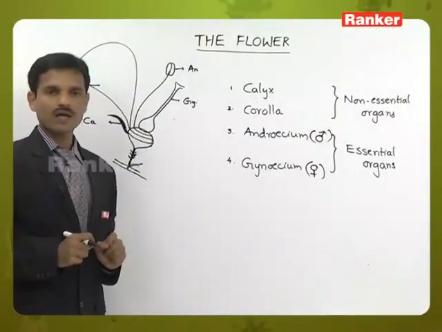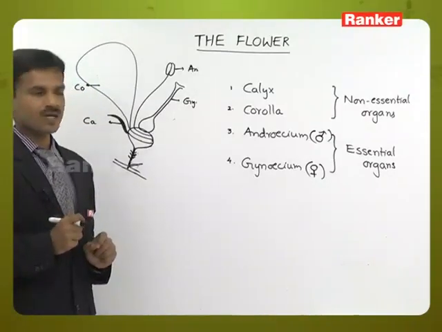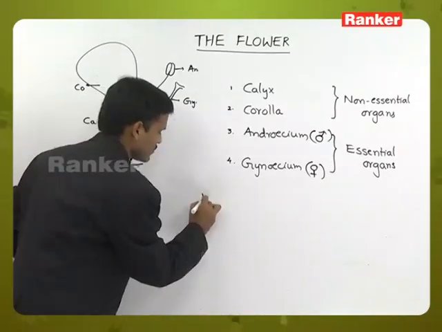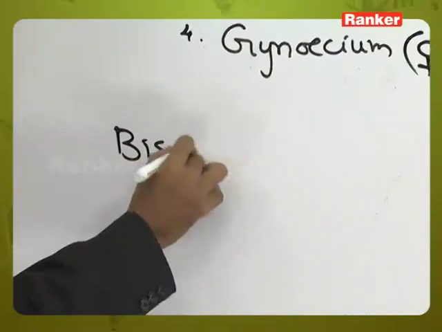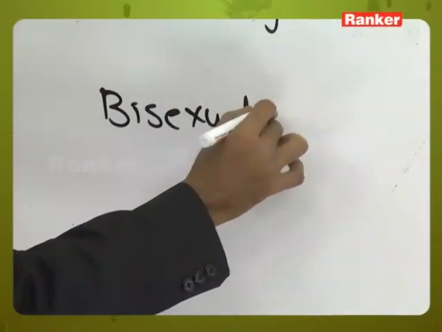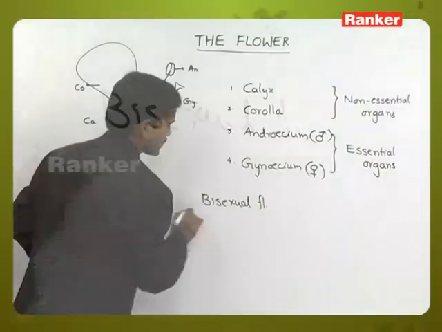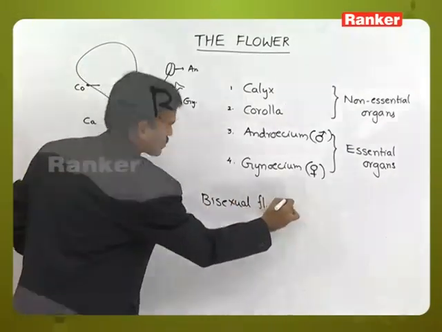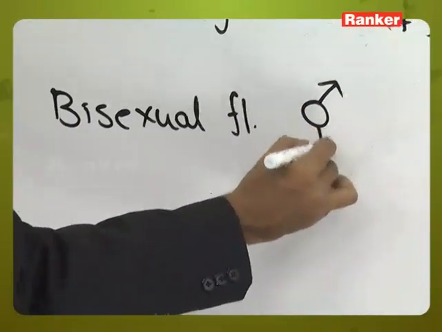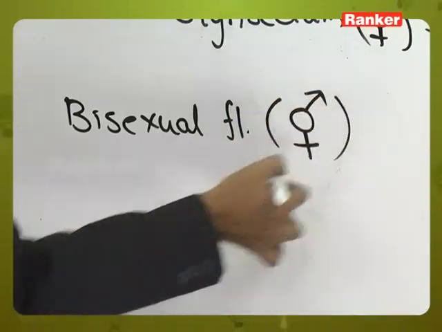If two sexual organs are present, that is called as bisexual flower. Bisexual flower means male and female sexual organs both are present.